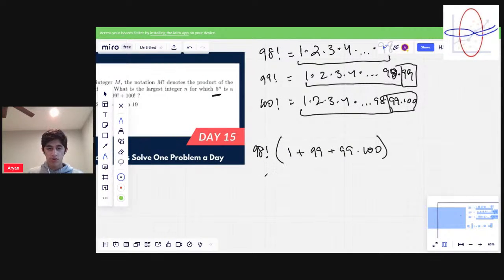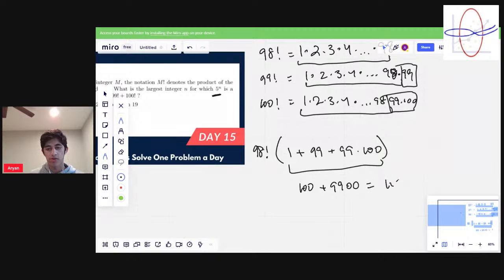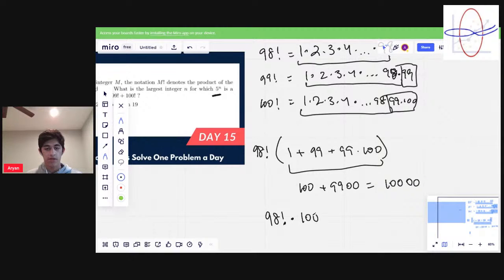Now, if we simplify the inside of the parentheses, this isn't too hard to do. 1 plus 99 is 100. Then 100 plus 9900 is equal to 10,000. So we basically have 98 factorial times 10,000, and we want to find how many 5s fit into that.